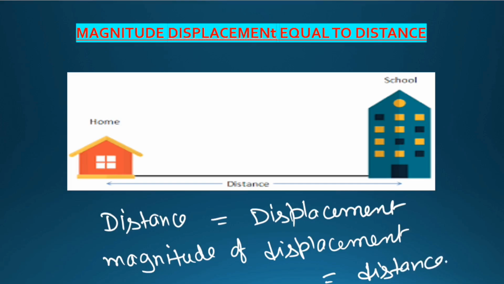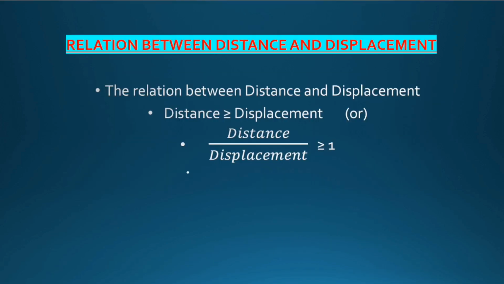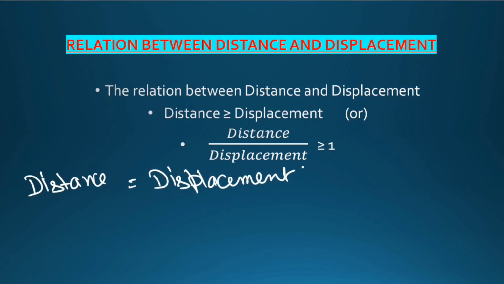See, from these examples, we can say clearly that distance may be equal to displacement and distance may be greater than displacement.